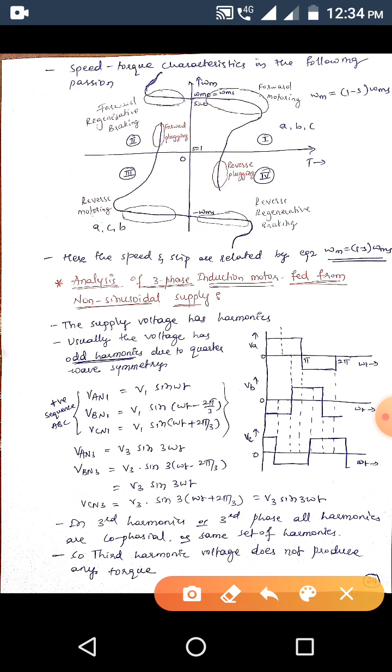If the phase supply is in normal phase, then it is operating in the first and second quadrant. If it is in reverse, it is in the third and fourth quadrant. Then whatever speed we are getting here is related by the slip, by this equation. So this is about the speed torque characteristic of the induction motor.